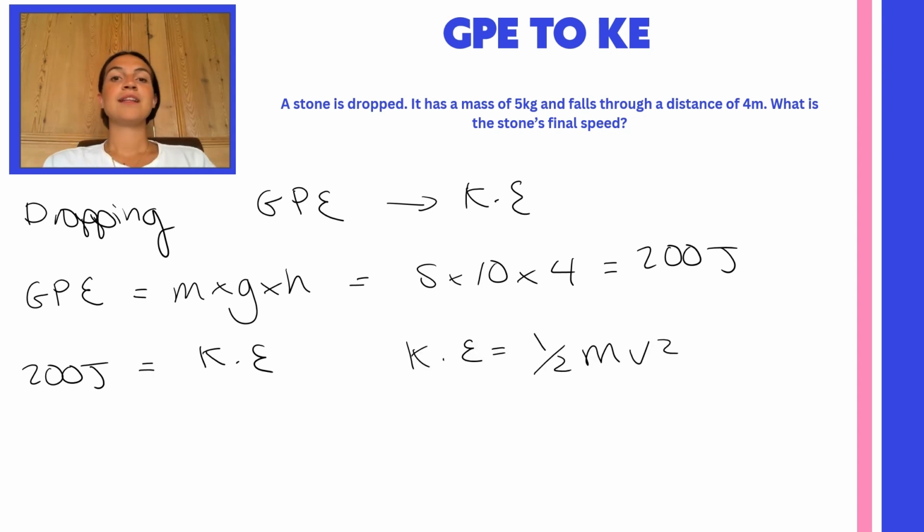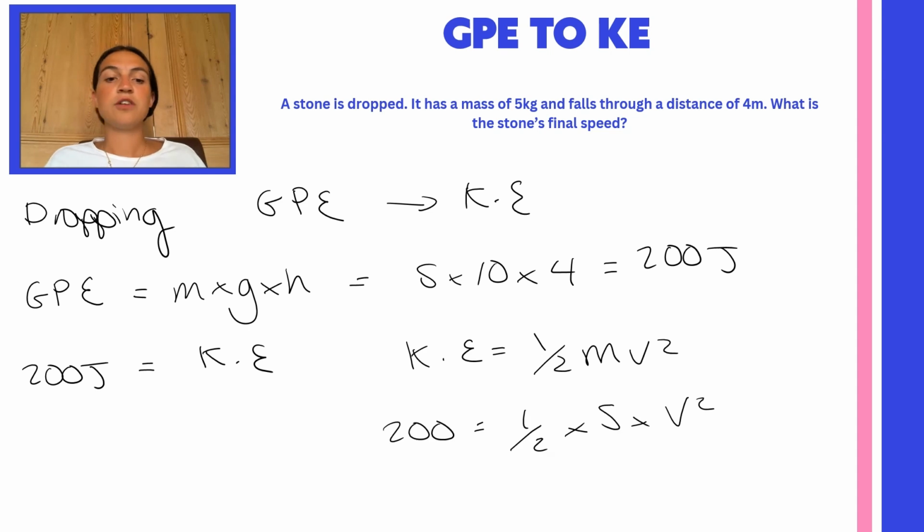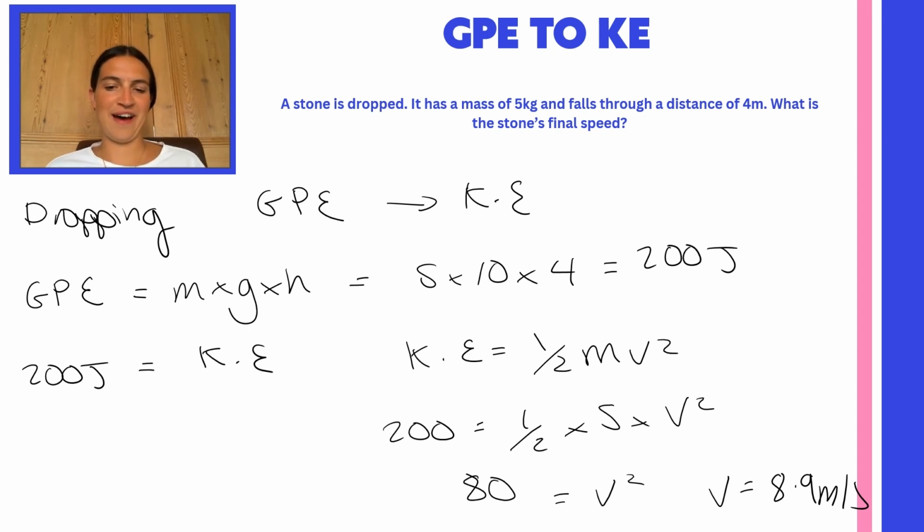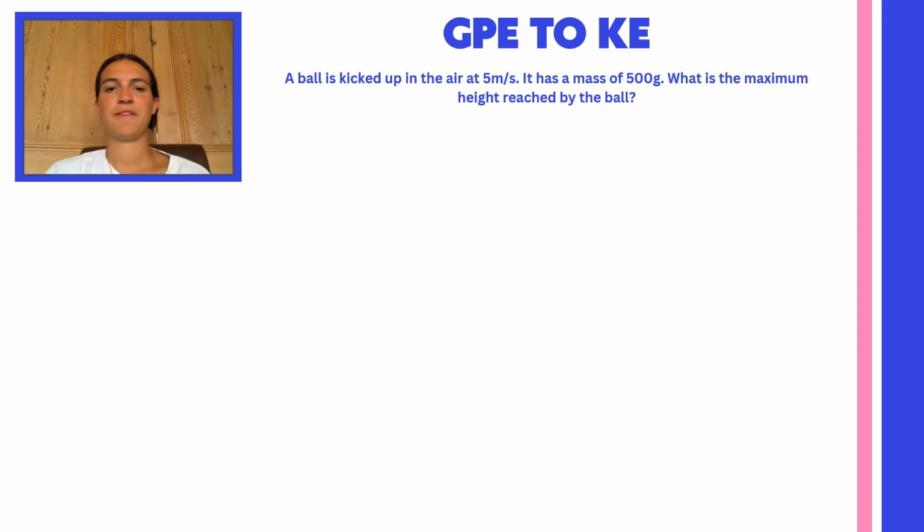So now I need to introduce again my kinetic energy equation, half mv squared. So I've got 200, the KE, equals half times mass 5 times velocity squared. So simplifying that, I have 80 is equal to v squared, and therefore if I square root that, I get 8.9 meters per second.